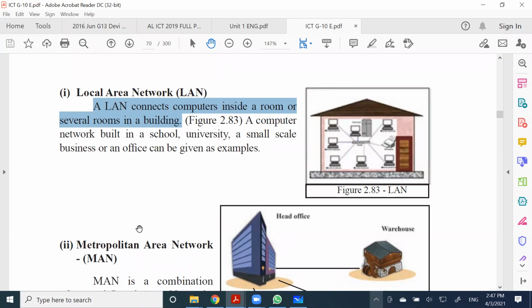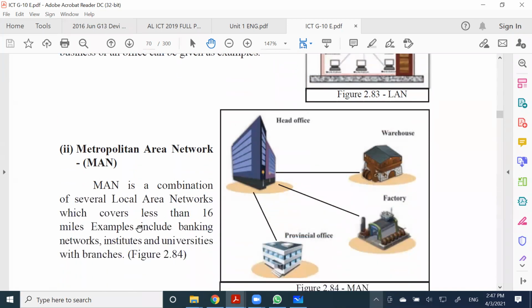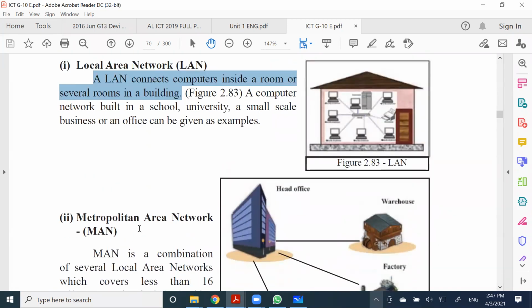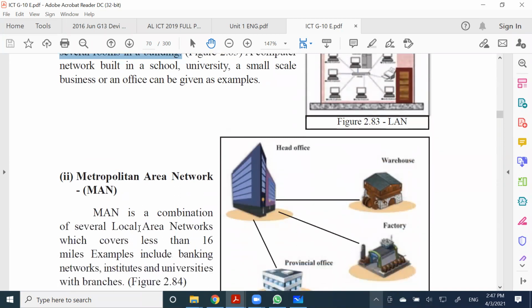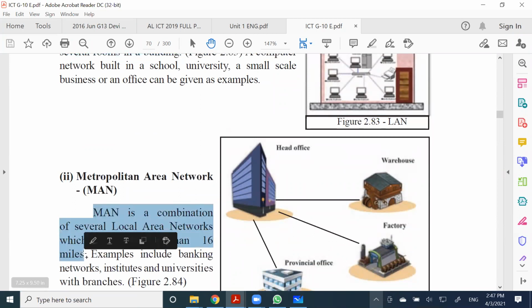Right. So under the metropolitan area network, here, this particular sentence.